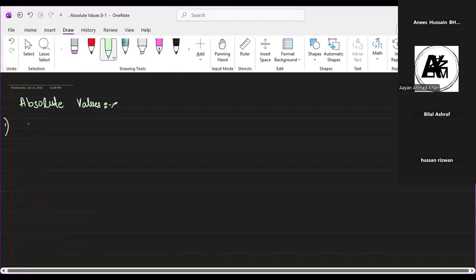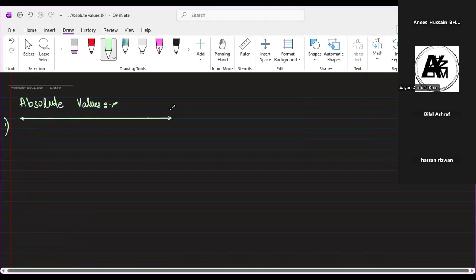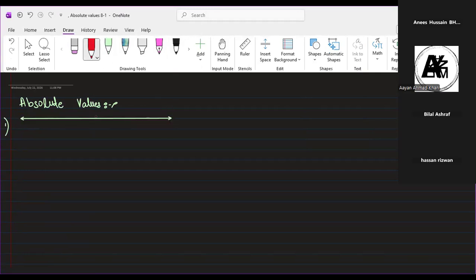Now, absolute values, number one. If I ask you, on a number line, this is 0, this is 1, this is 2, 3, 4, this is -1, -2, -3, and -4, right?